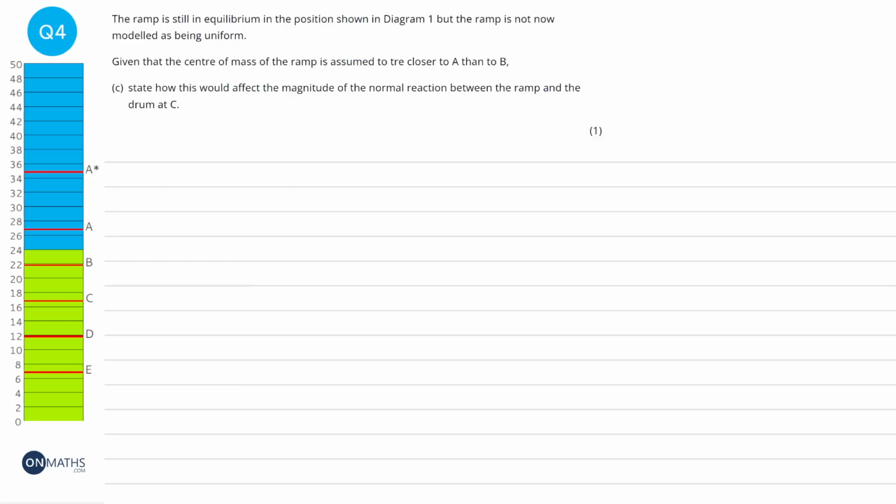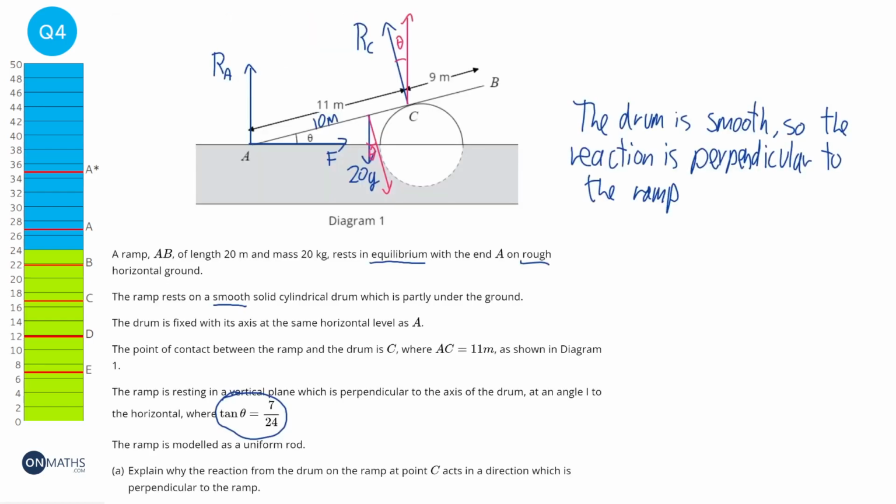So this questioner is asking us to go back to the diagram at the start of the question, and just imagine that instead of this centre of mass being here, it is somewhere over here, so it's closer to A. Well, what's going to happen? Well, have a think about what we did at the start of question B. What we considered is the clockwise and anti-clockwise forces, and we got them equal to each other.